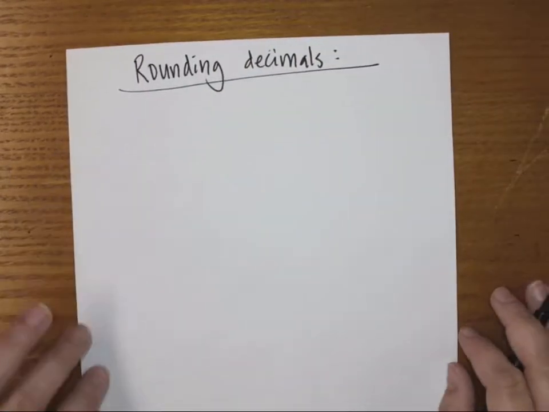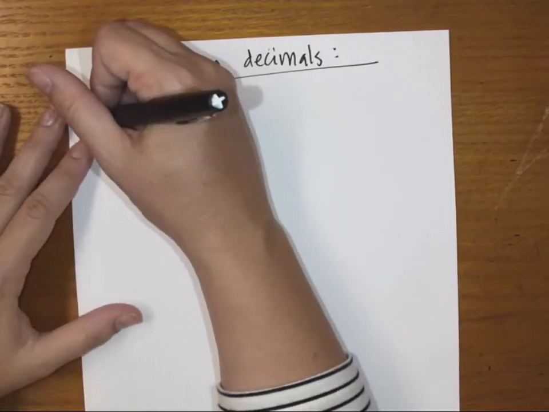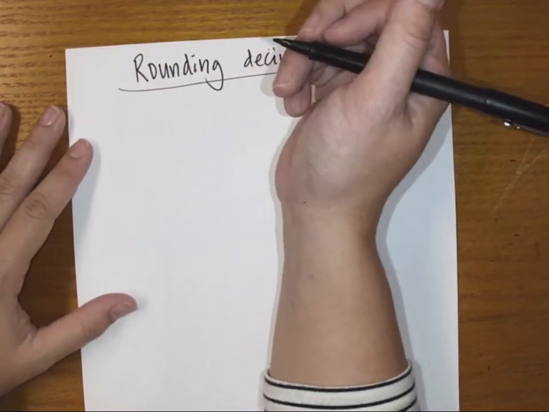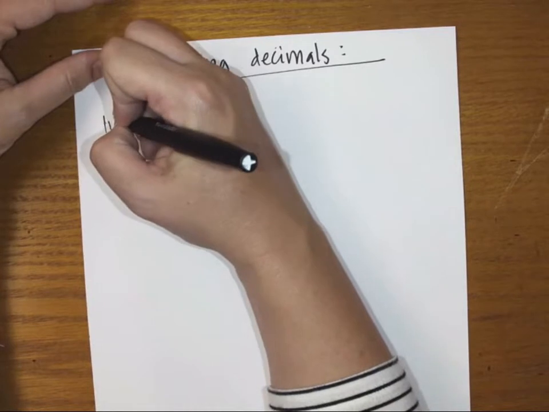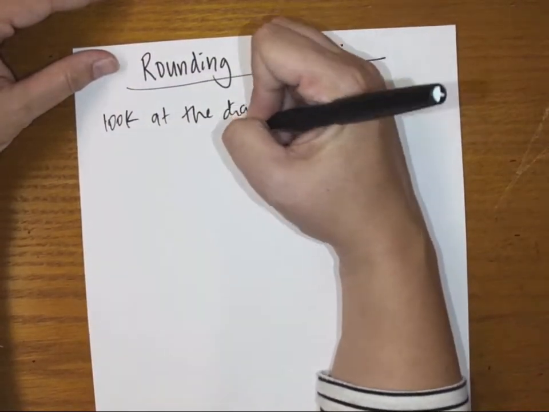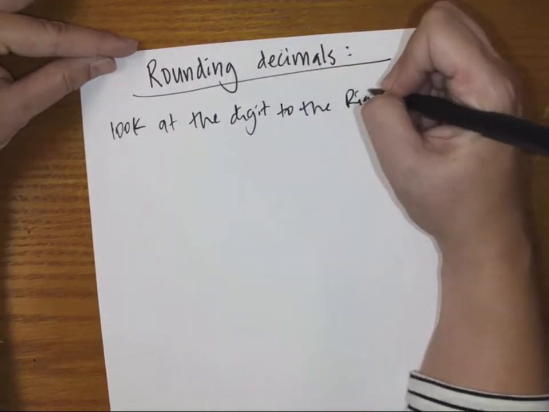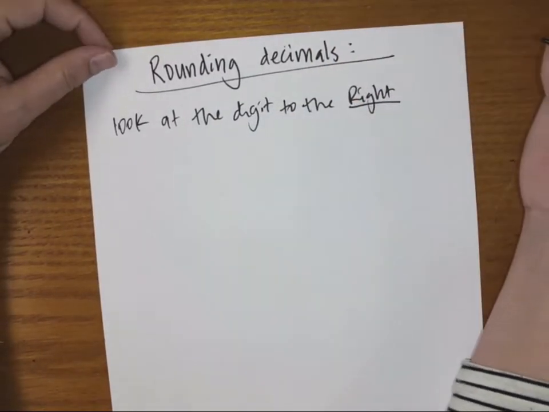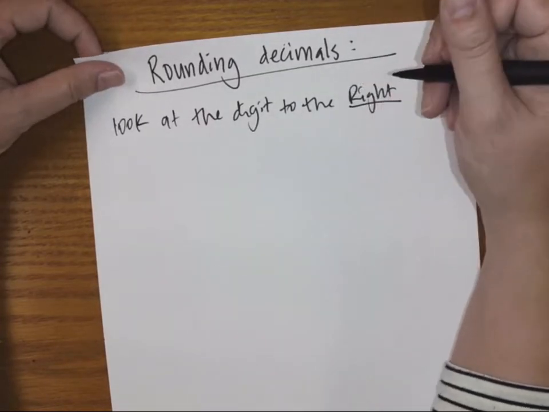So rounding decimals is the same basic principle as rounding whole numbers. Basically, when you're rounding, you look at the digit to the right of the place value that you want to round to, and that number determines if you're going to round it up or keep it the same.